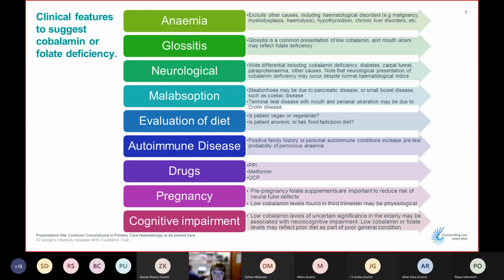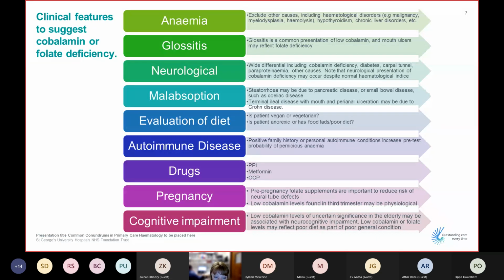And if patients already have a malabsorptive condition, if they have steatorrhea due to pancreatic disease or celiac disease or Crohn's, we should think about keeping an eye on their B12 and folate levels.